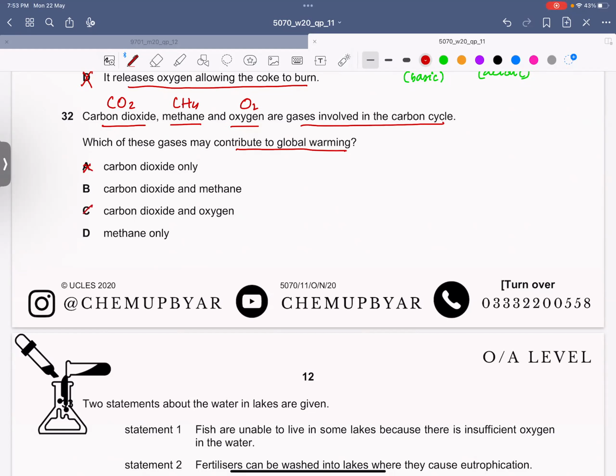Not only carbon dioxide, oxygen is not the answer, and not only methane. Carbon dioxide and methane both contribute to global warming. Hassan and Abdullah, is this clear? Yes, sir.